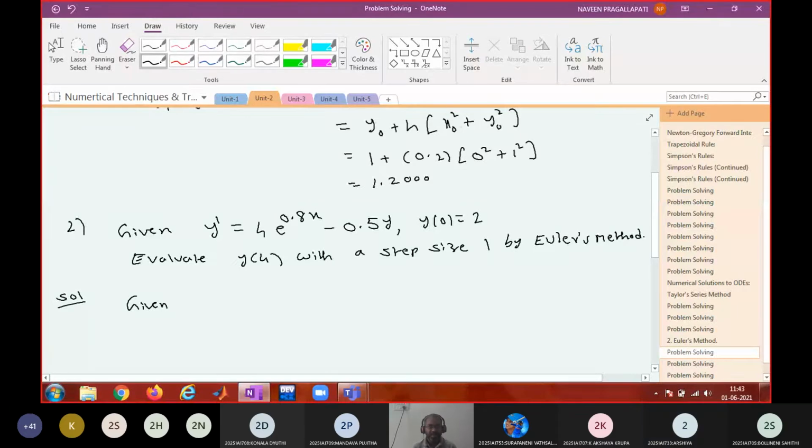Okay, so what is given? Given is y dash is equals to, write down the differential equation, identify the terms, and then write down the formula. Okay, so given y dash is equals to 4 e power 0.8x minus 0.5y with y of 0 equals to 2.